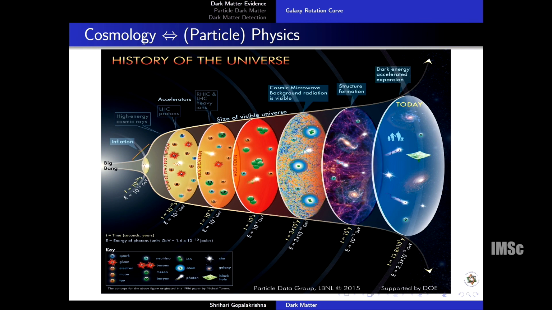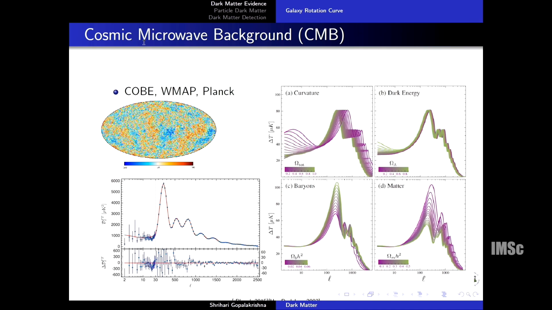And we will find that when the universe becomes hotter and hotter, there are many phenomena I can measure, and then I will fail to explain them if I don't put in dark matter. So there also we will see that we need dark matter. One such thing is called the cosmic microwave background. This is radiation that is left over from early times in the universe, very close to after the Big Bang.